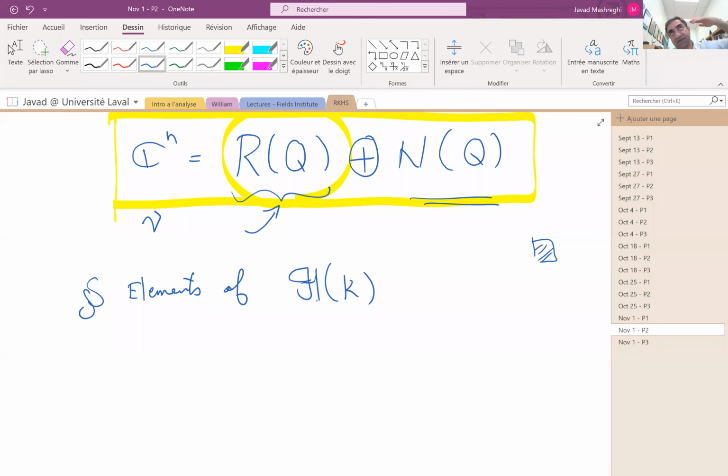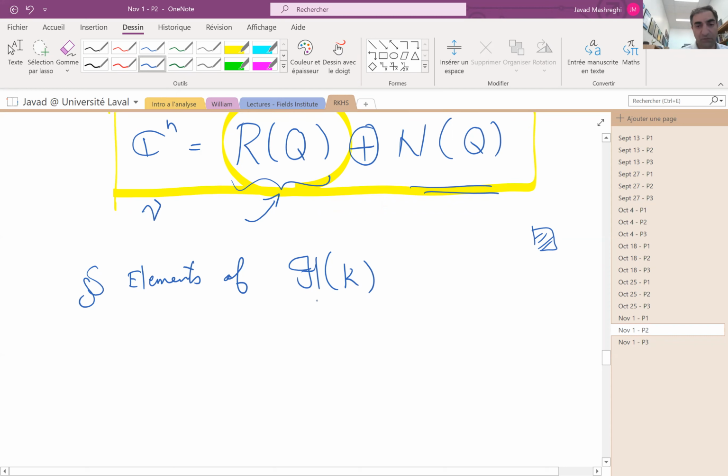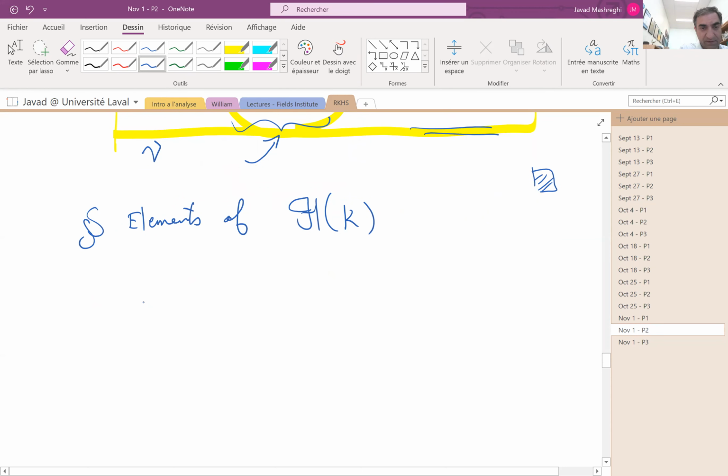The elements of H of K are functions on the set X, not all the functions. So it is true that if F is in H of K, then F is a function defined on X with values in C. That's by the main definition.